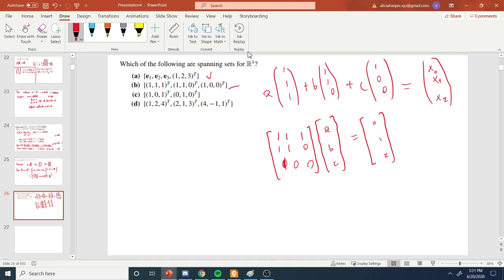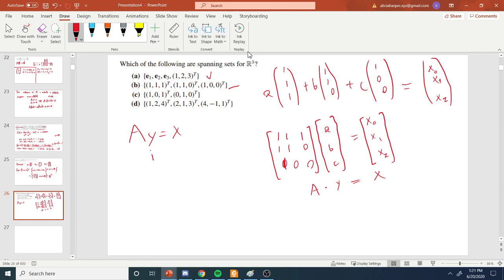This will be x0, x1, x2. And we want to know that for any choice of x0, x1, x2, we can write it as a combination of these three vectors for appropriate choices a, b, c. This corresponds exactly to this matrix equation where this is A, we'll call this vector y, and this is x. So we want to know if Ay equals x is solvable.